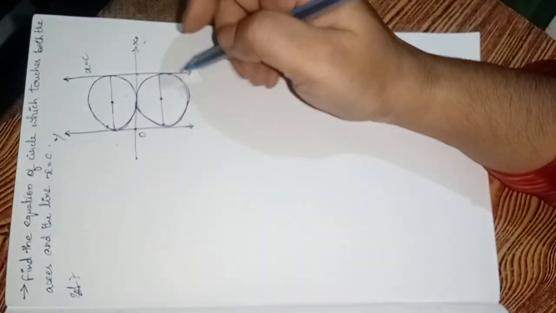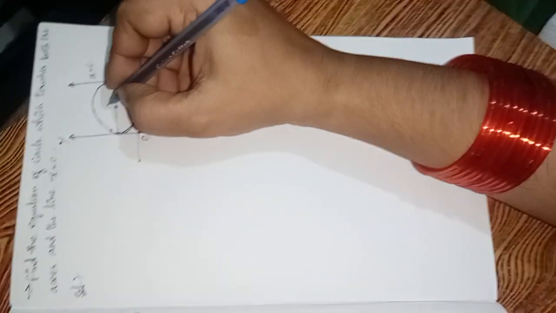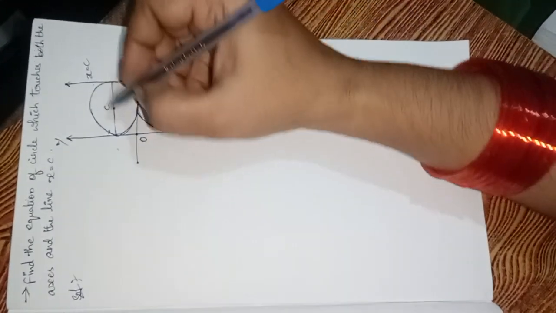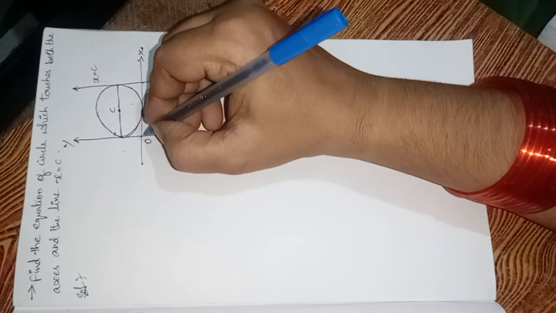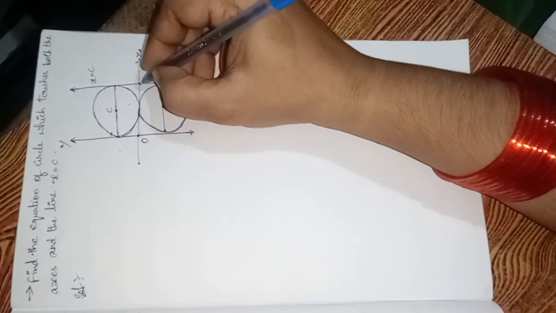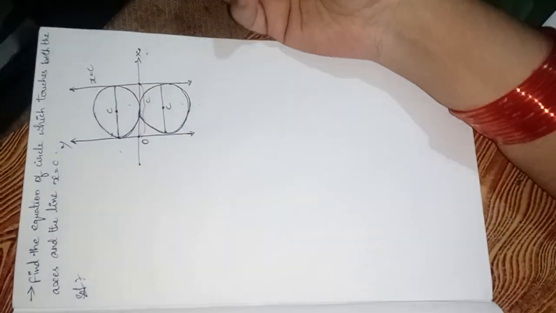Now if you observe, this will be the center, and this is the diameter. From the origin to this point, what will be the distance? The distance here is c.